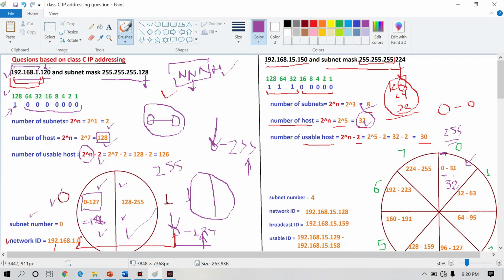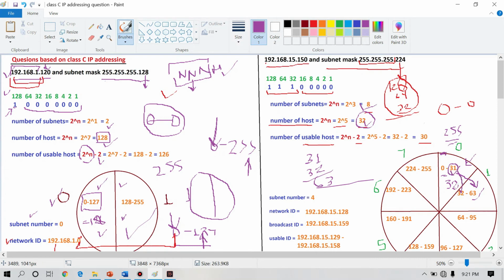Now how to get the next number? Simply add 32 to this number. When you add 32 to 31, you will get 63. Write 63 at this portion, and here you have to write the number next to this one.